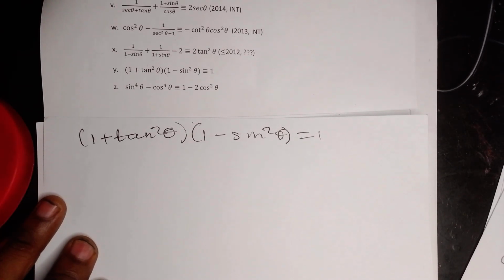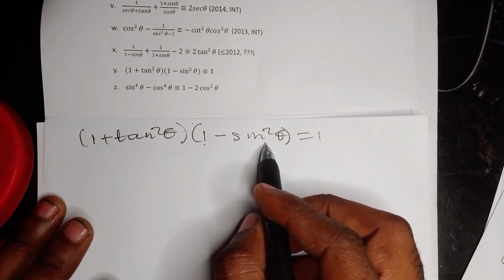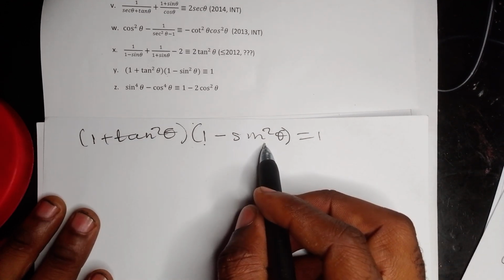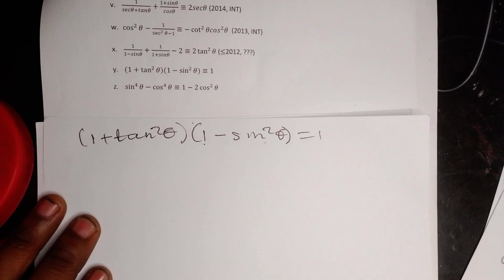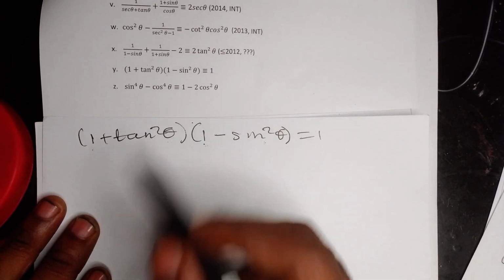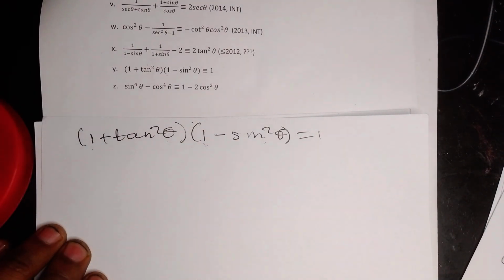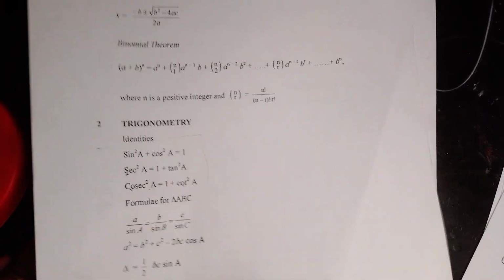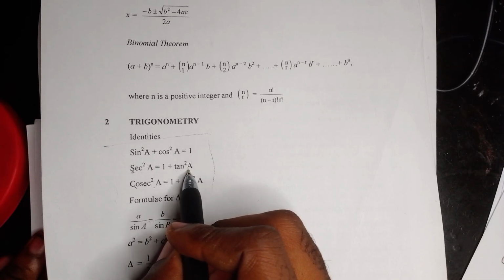Okay, so I can either change this to a cosine, or I can change this to sec. Actually, yeah, I'll change this to sec and this to cosine. This is easy. From the sec identity, you can see that 1 plus tan squared theta is sec squared theta.